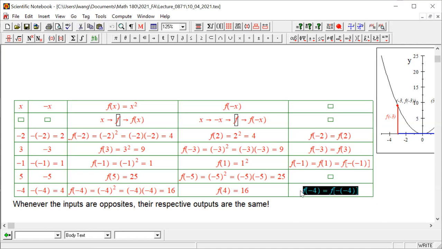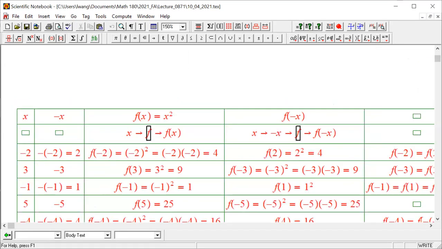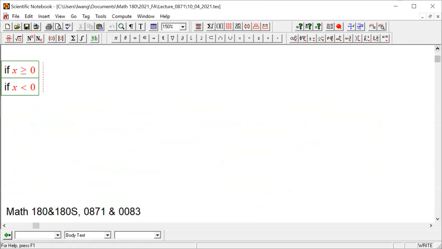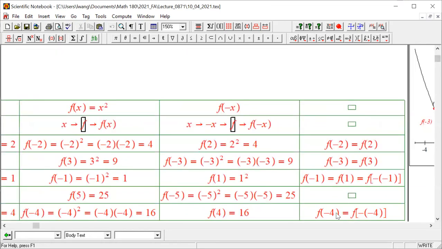Why would someone write it this way? Is it because f of negative parentheses -4 is positive?